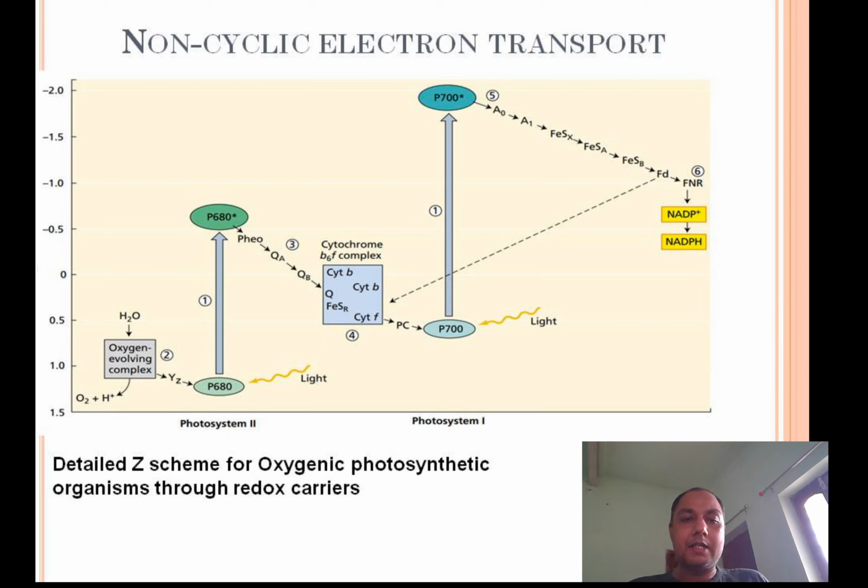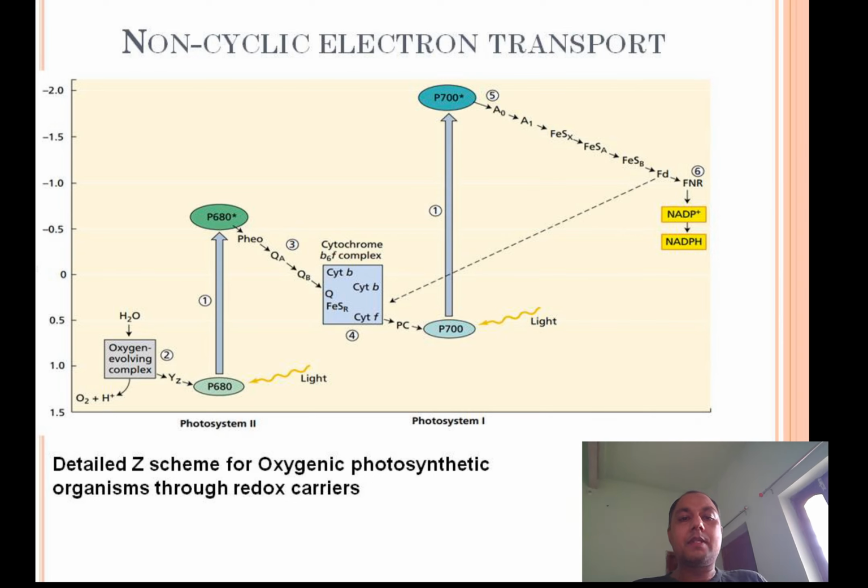Because of that energy, the electron of P680 is excited and donated to the electron acceptor, and there is a chain of electron acceptors. Finally, all those electrons are channelized for the synthesis of NADPH. That is the meaning of this electron transport chain.